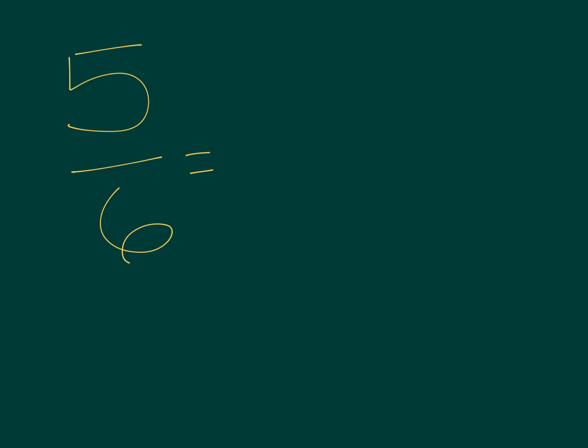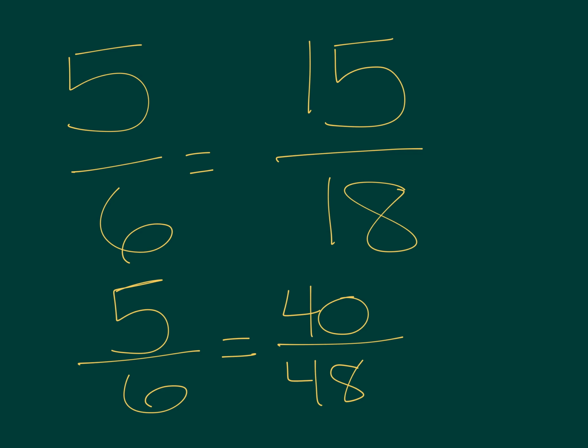How about an equivalent ratio to 5:6 to make a proportion? Come up with one on your own. These are the two I came up with. The first one I multiplied by 3 over 3, and in the second one I multiplied by 8 over 8.